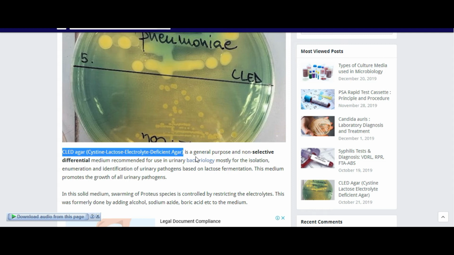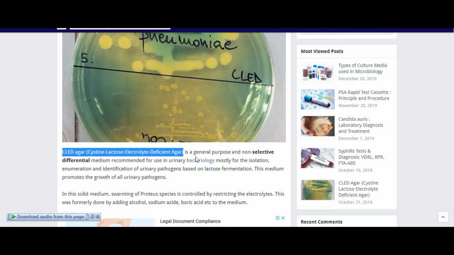Also, CLED Agar promotes the growth of all urinary pathogens. The medium also prevents the swarming of Proteus species. You don't want Proteus to swarm all over the culture media. It will make it difficult to identify all the other pathogens.